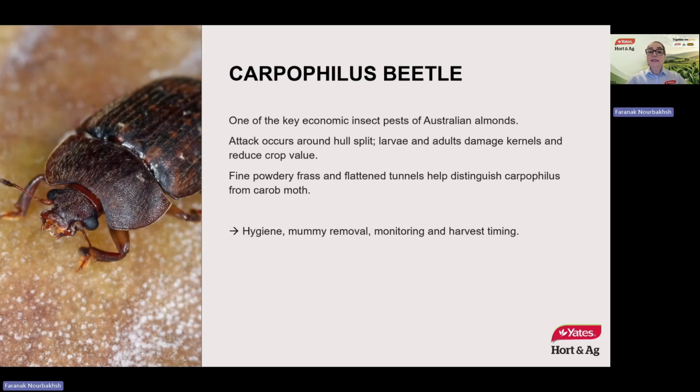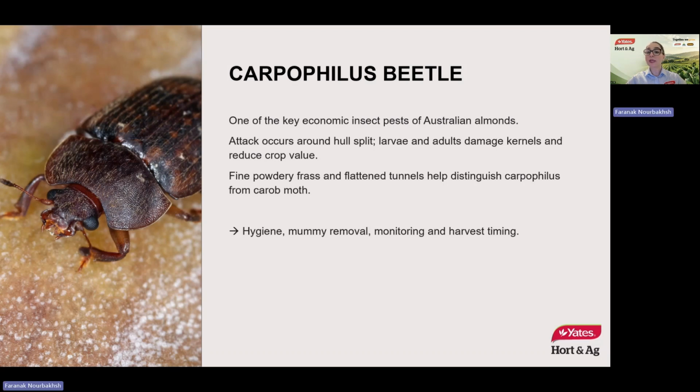The first pest that we discuss here is Carpophilus beetle. It's one of the key economic insect pests in the Australian almond industry. It attacks during hull split, and larvae and adults damage kernels and reduce crop value.